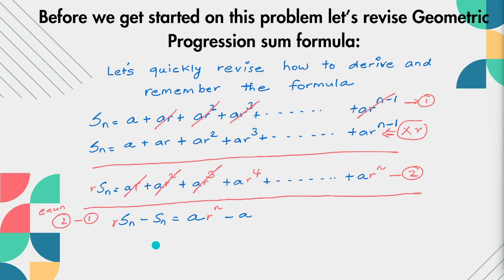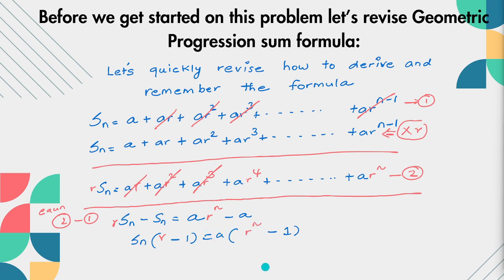And for this side of the equation, we're going to take out the Sn from both terms. And on this side of the equation, we're going to take out the a from both terms. And when we do this, we get Sn times r minus 1, because we've taken out Sn from both the terms in this expression.